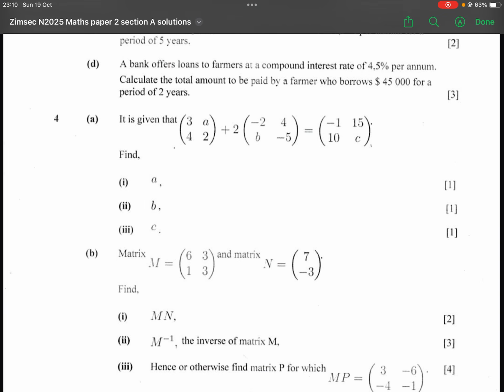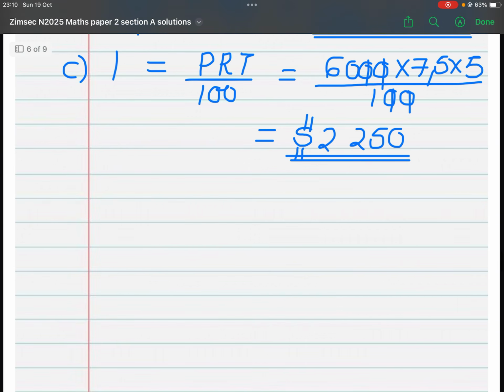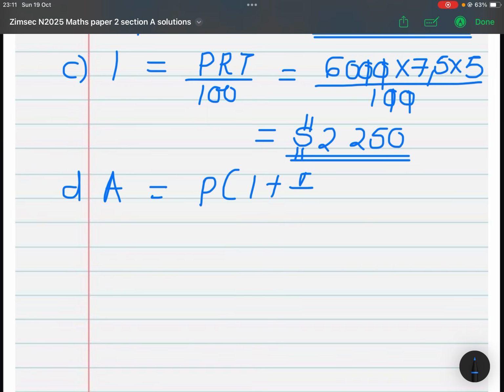So here we are calculating the compound interest. You need to know the formula for calculating compound interest, right? So we are going to say accrued, which is the total amount to be paid. Accrued is equal to, the formula, P, which is the principal, times 1 plus R over 100 to the power of time.